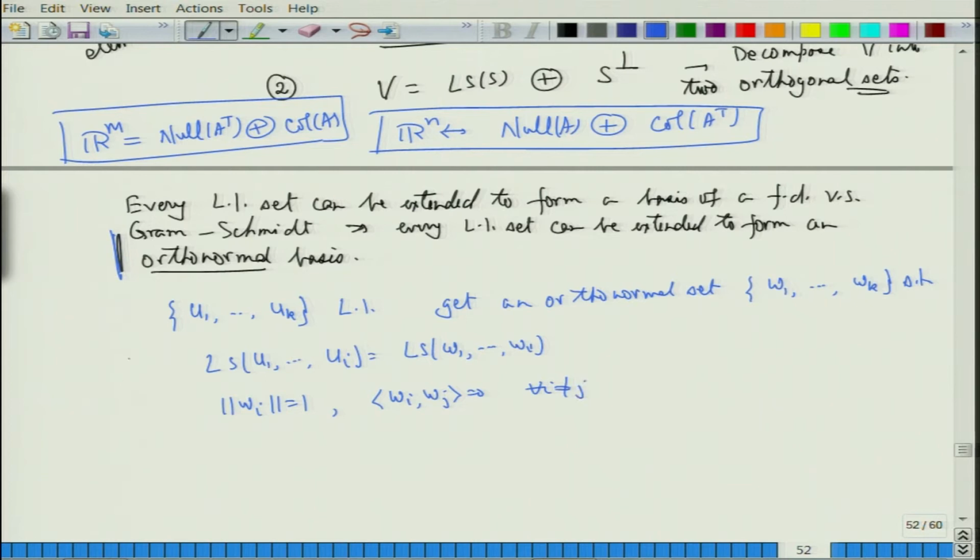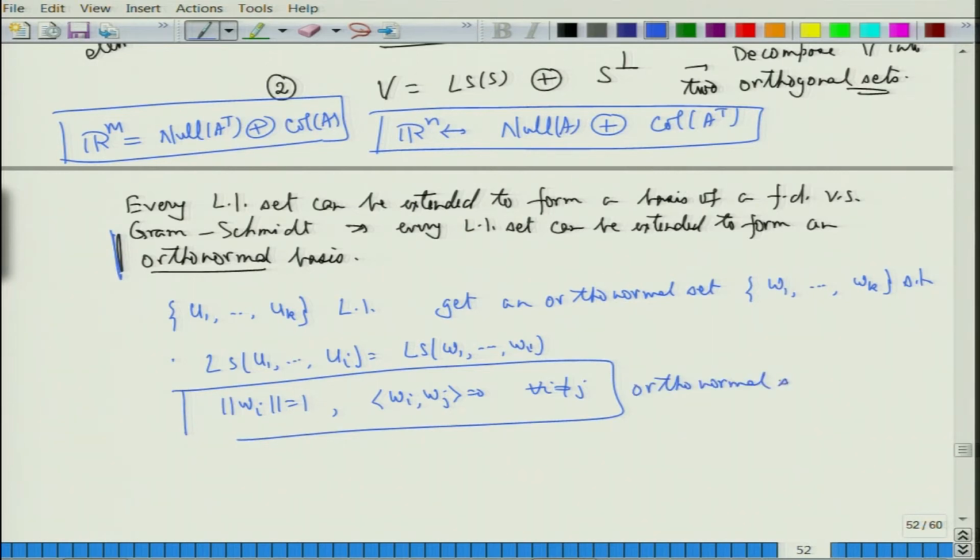This is what the definition of orthonormality was, and that was the Gram-Schmidt process that gave me this.